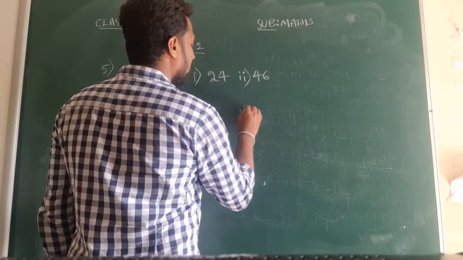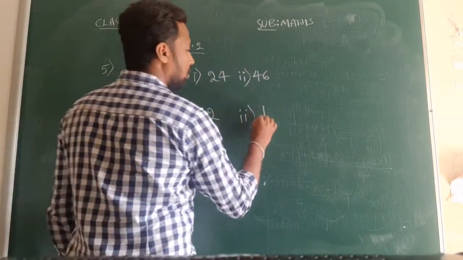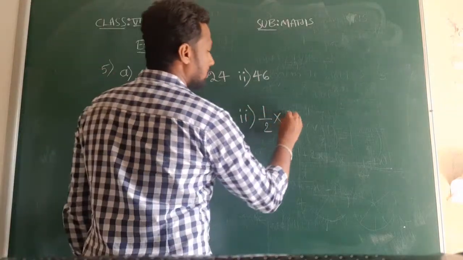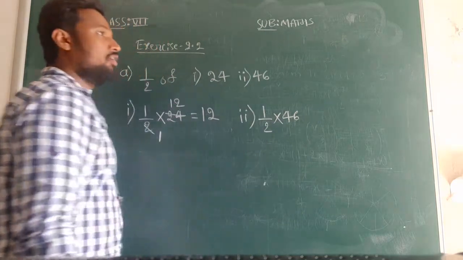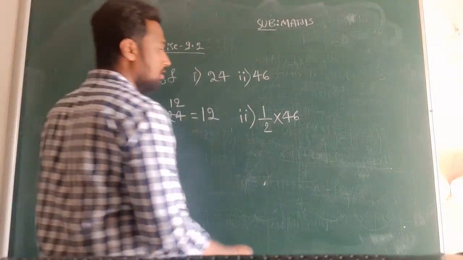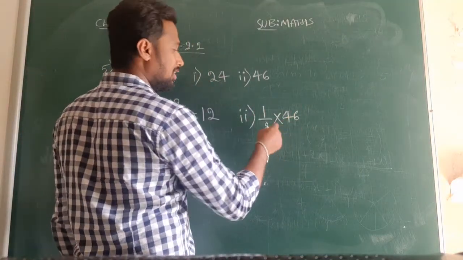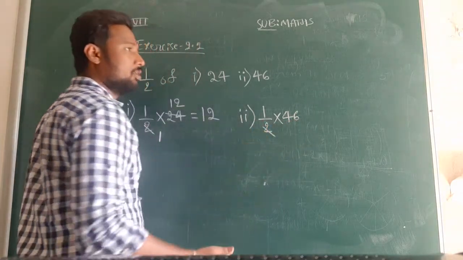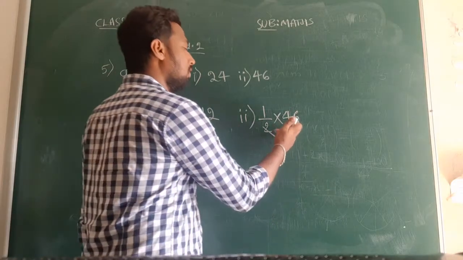Next, the second one in this question, 1 by 2 of means multiplication. So what is that? 46. How can you divide this? You can multiply, then divide, but directly I will divide here. Again 46 comes in table 2, because 6 is an even number.